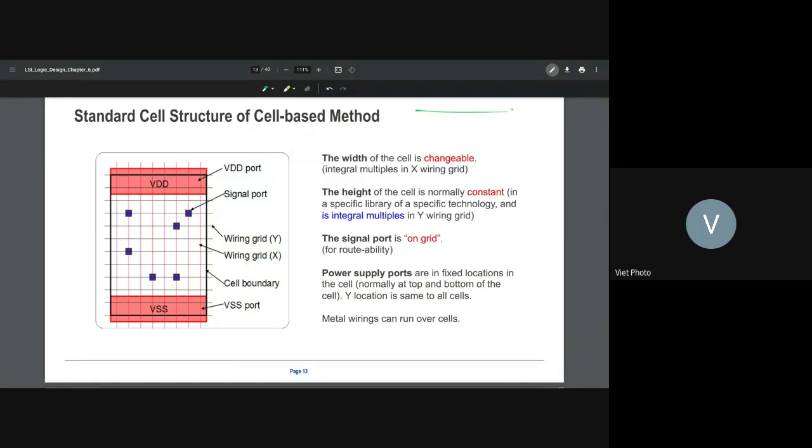So 1, 2, 3. A cell like this one will have VDD, VSS, and VDD. You have the same cell, with A input here and B output here. If the cell is placed this way, in the next row it will be placed flipped, so that you have the input here and the output here.